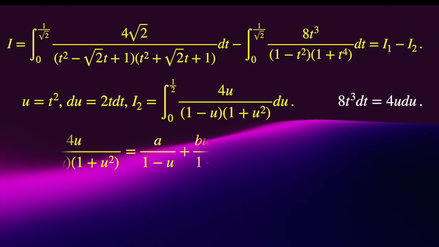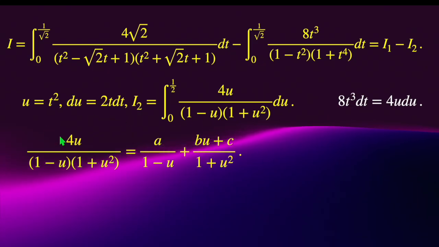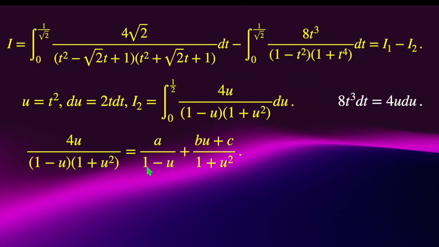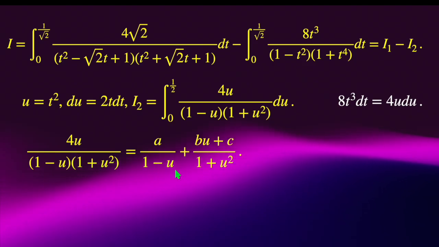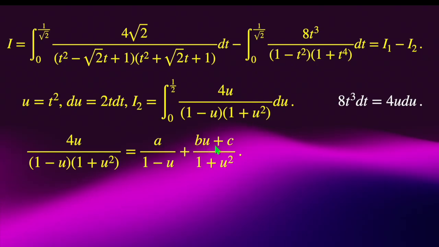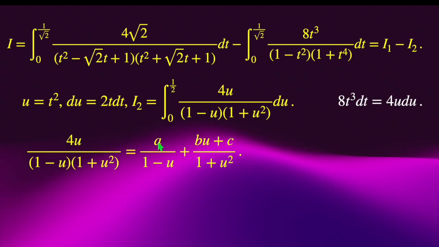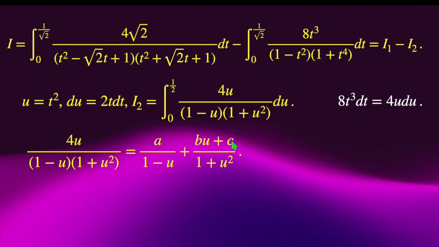So we can write that this fraction equals a over 1 minus u plus bu plus c over (1 plus u squared), and we will look for a, b, and c.